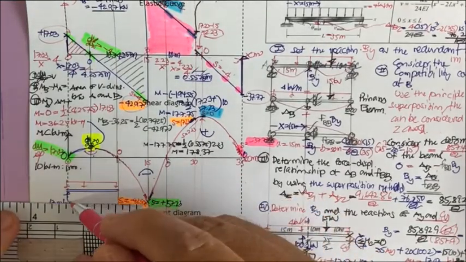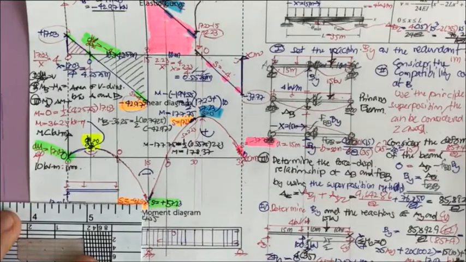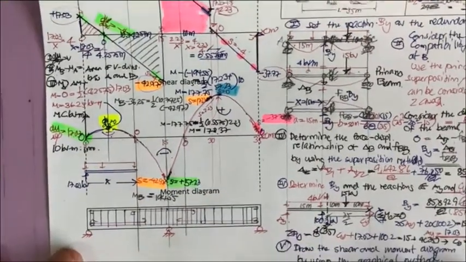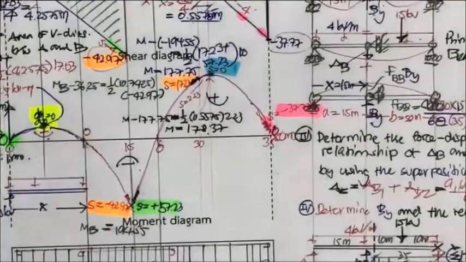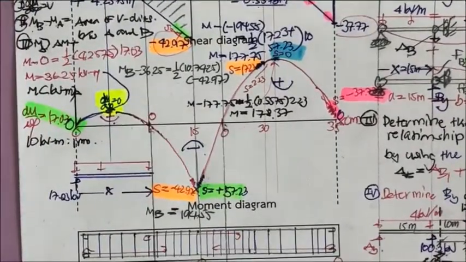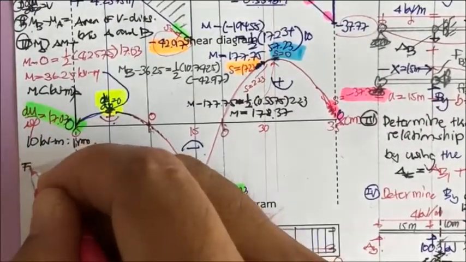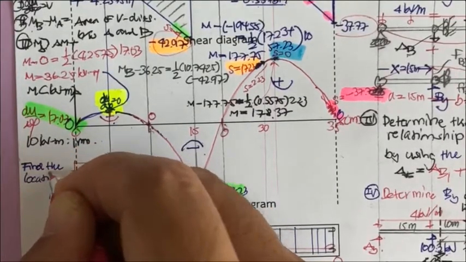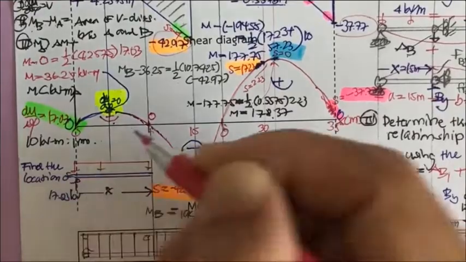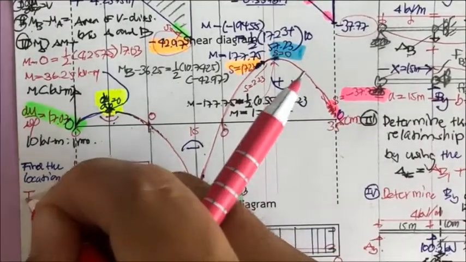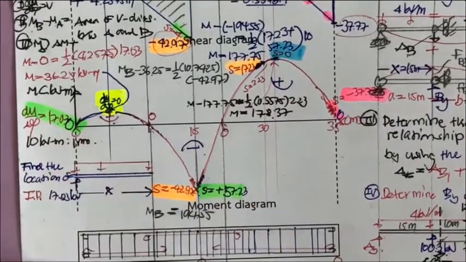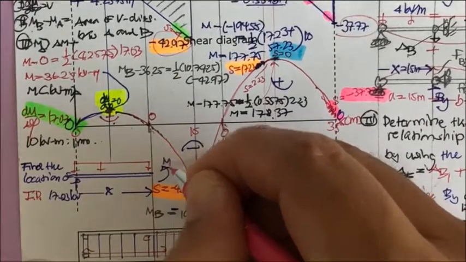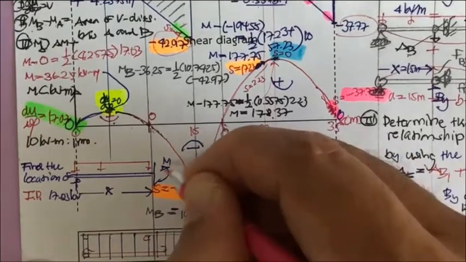Okay, and this one is x. So by doing this, we can find the location of the inflection point. Okay, so you cut here, you have the moment here, you have the shear here, the moment is going to be 0.